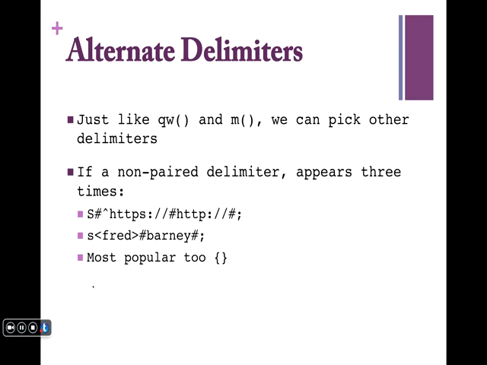So in this case, I would rather use a pound instead, and a lot of programmers in Perl use a pound or the curly braces that you see at the end. Also, you can use combinations of delimiters, like the second code here: less than, greater than is one paired delimiter, the other one is pound and pound. But don't do that, because you're going to confuse whoever reads your code.